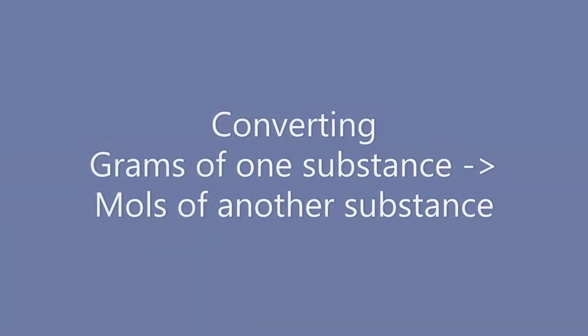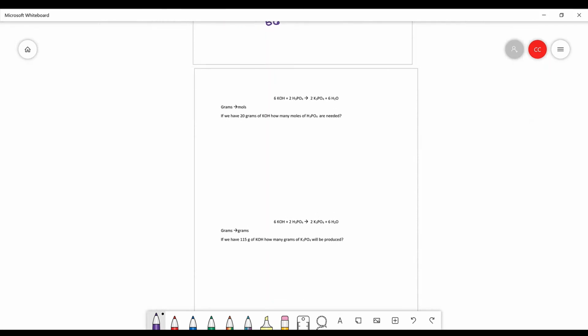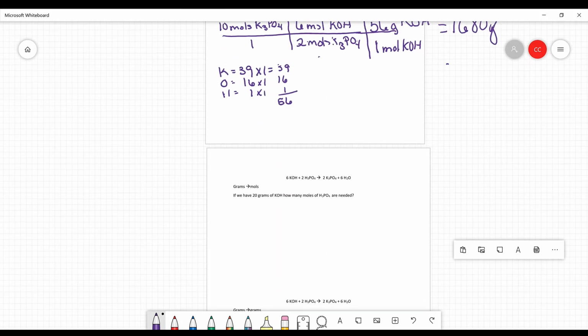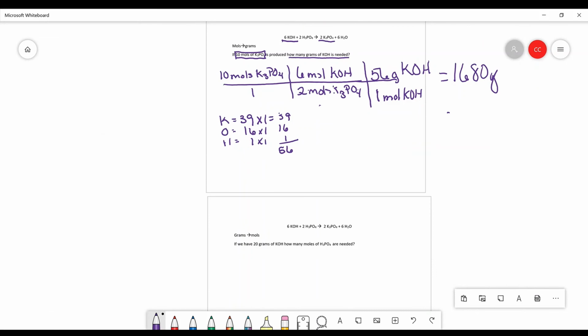Okay, so next. Here we converted from moles of one to grams of the other. Now, to do it the other way, if we know how many grams we have, how many moles do we need?